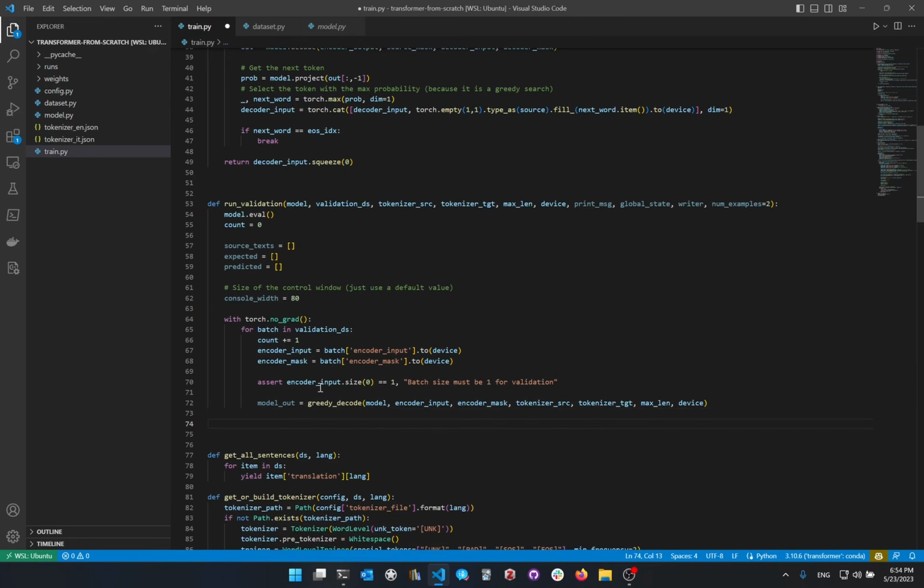And then we want to compare this model output with what we expected, so with the label. So let's append all of these. So what we gave as input to the model, what the model outputted, so the predicted, and what we expected as output. We save all of this in these lists, and then at the end of the loop we will print them on the console.